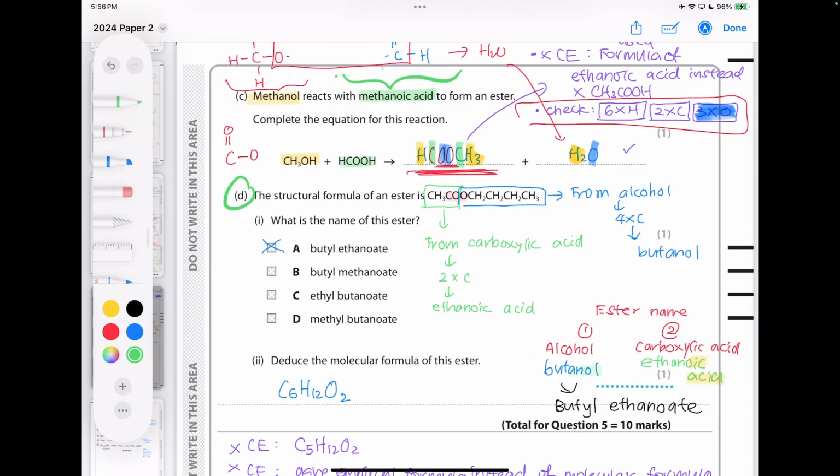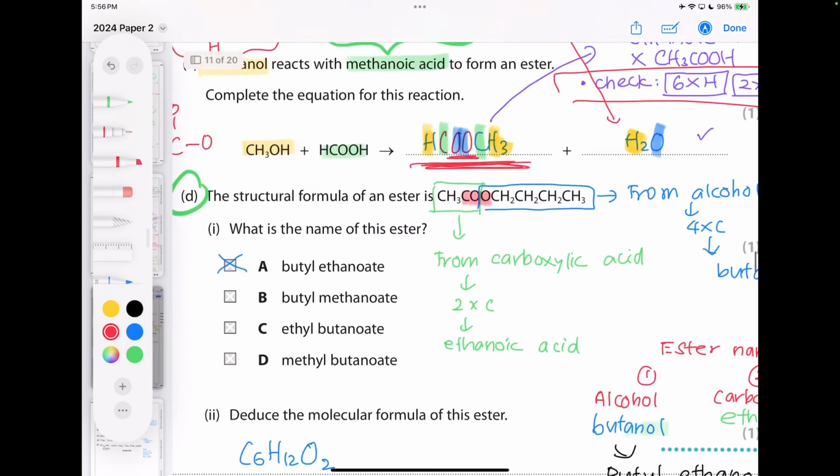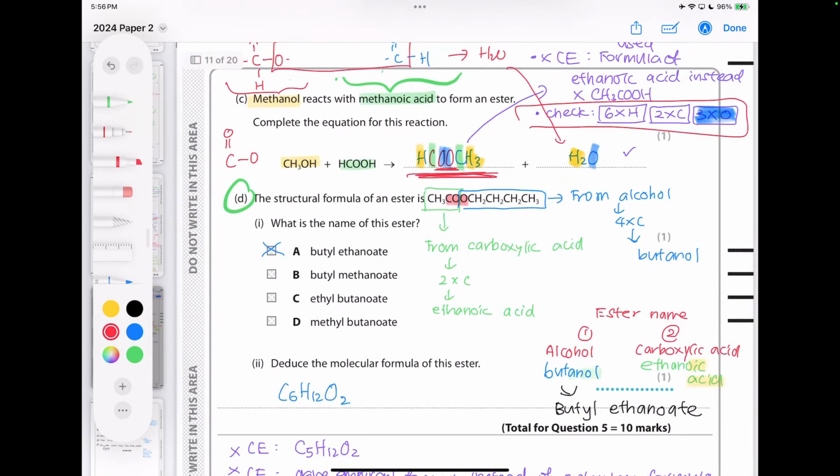So how do you do this question? I'm going to ask you to focus on the COO, the placement of the COO, because that's basically where you should split the molecule.